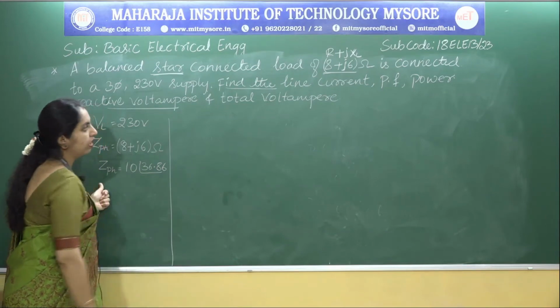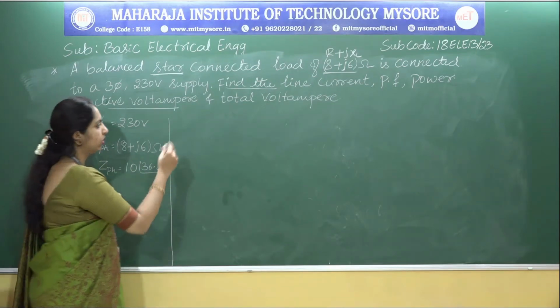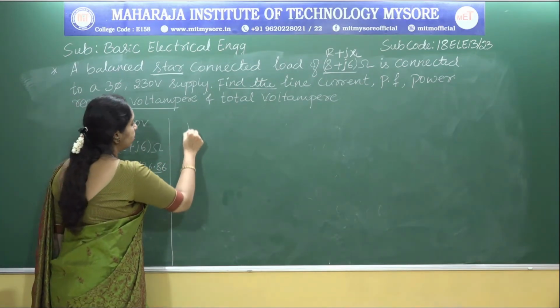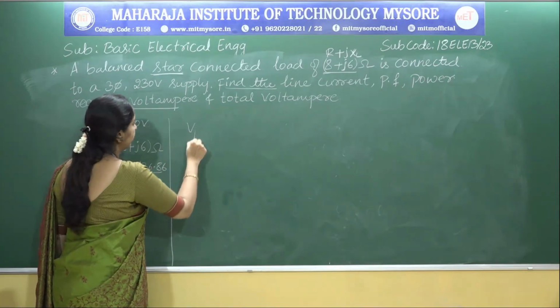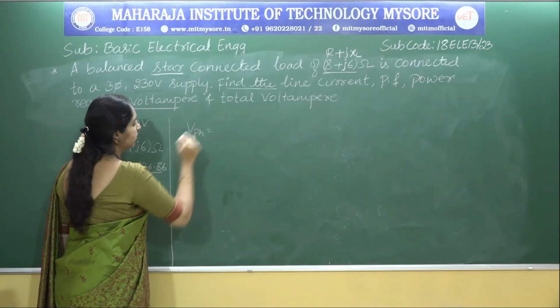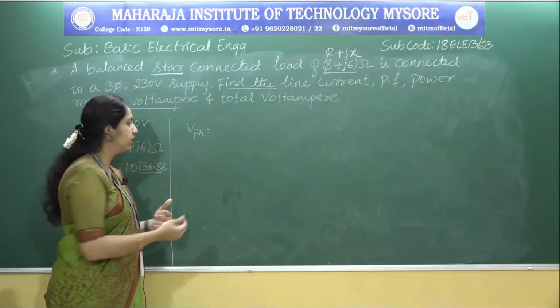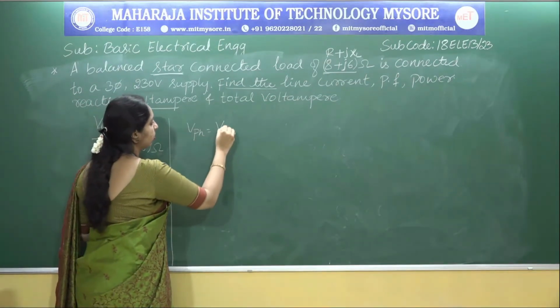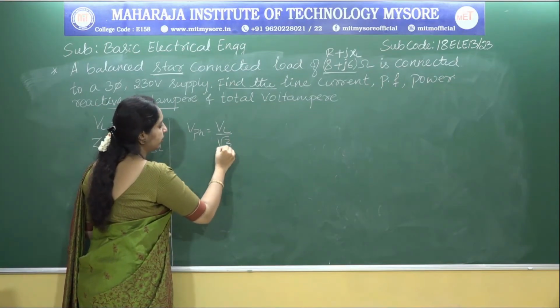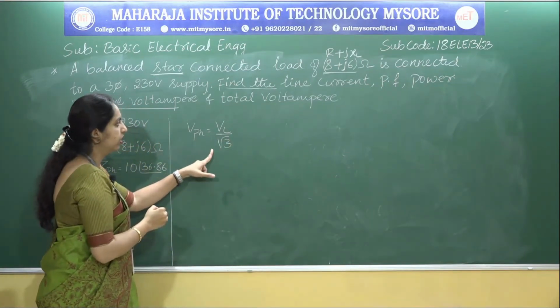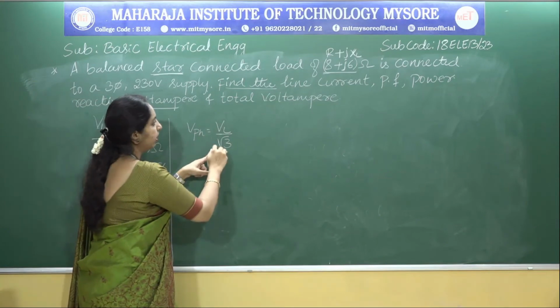So now our aim is to find the line current. What is the line current? Before that, let us have VPH. What is the relationship between VPH and VL in star connection? Here VPH is equal to VL divided by root 3, right? Why am I calculating VPH?